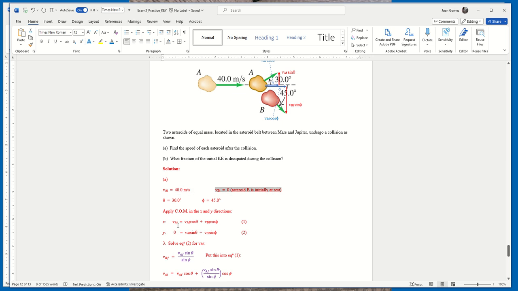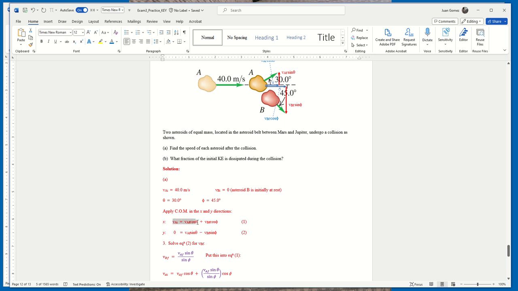Okay, so here's conservation of momentum in the x direction. We don't worry about the masses because the masses are equal, so the m's will all cancel. The initial momentum in the x direction is VA initial, since asteroid B is initially at rest.